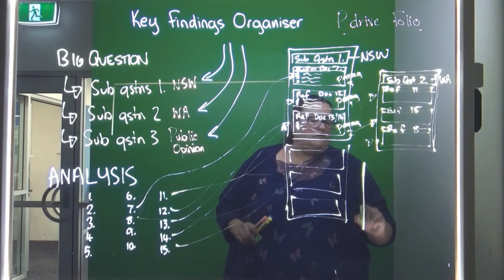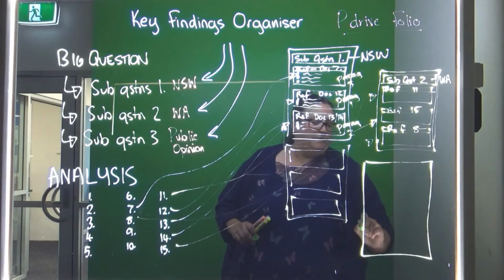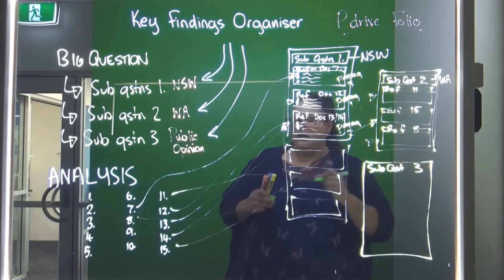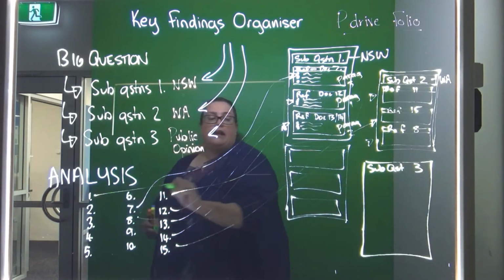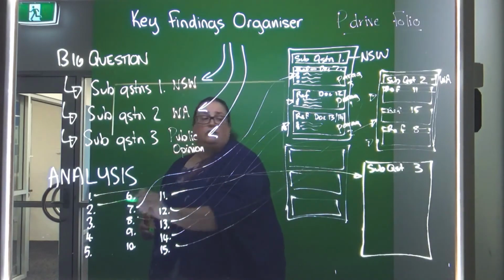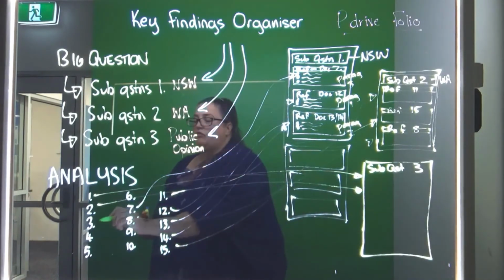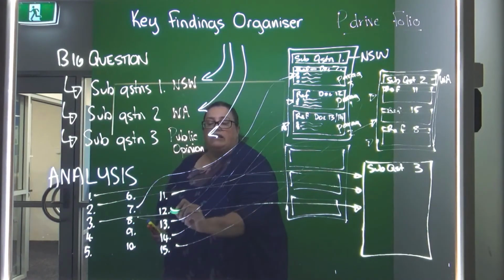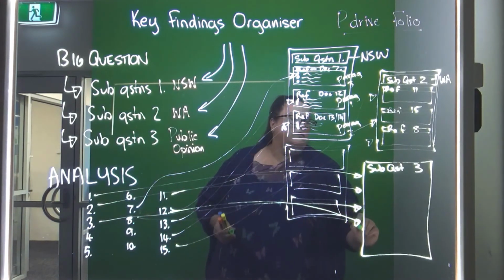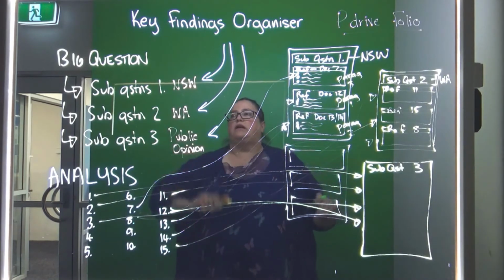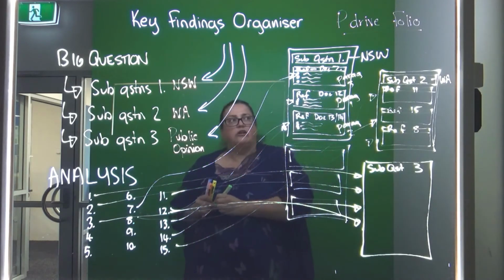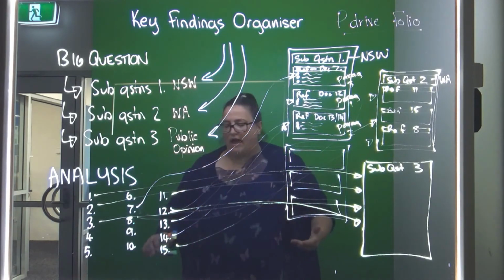One more Key Finding Organiser document, and this time it is sub-question 3, and any of the articles that need to go into sub-question 3 or that relate to sub-question 3. And again, as I said, you can reuse them. So if Article 12 is also relevant for public opinion, then I can put the quotes and things in there. These then, as I said, become your working document for writing up of your outcome.